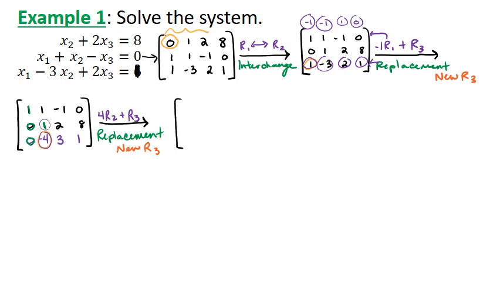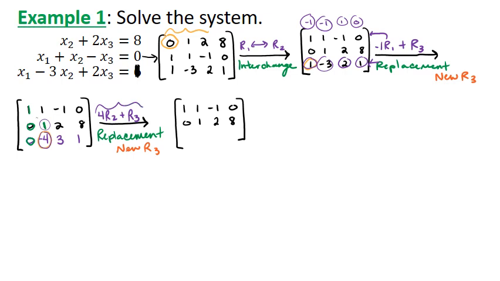Now, I know this is different and confusing, but just hang tight and keep trucking along with me. So the only row that's changing is row 3. So I'm going to just rewrite row 1 and row 2. And row 3 is going to be found by using this set of operations here.